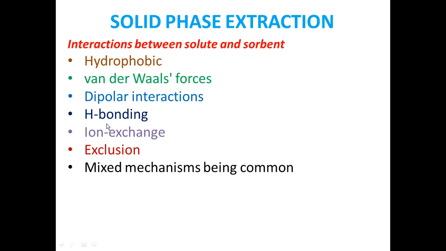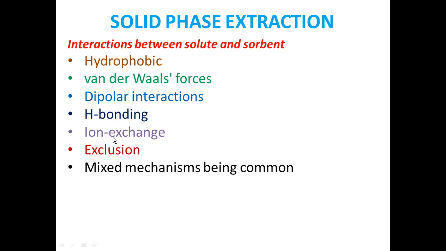Hydrogen bonding we can see between oxygen, hydrogen, nitrogen, hydrogen. These are also weak forces of attraction. This may be intramolecular or intermolecular, but in solid phase extraction, the hydrogen bonding will be intermolecular, because one will be sorbent and the other one will be solute.